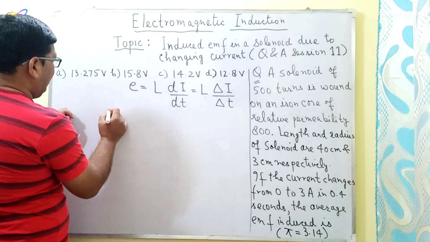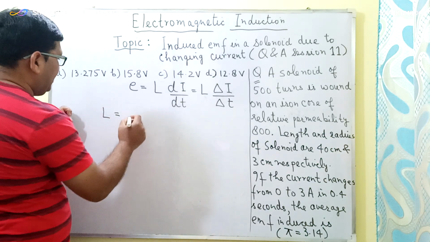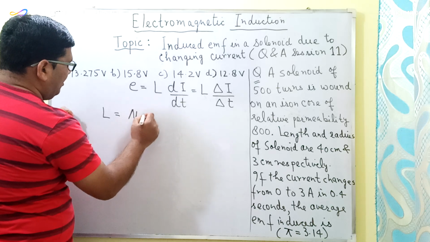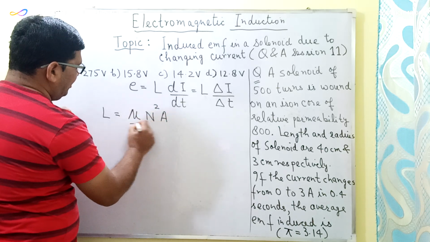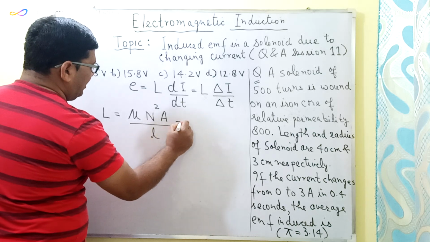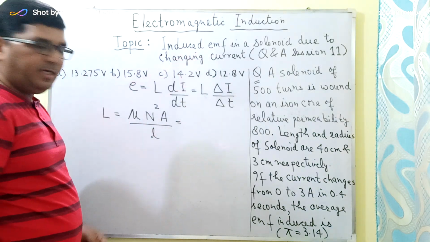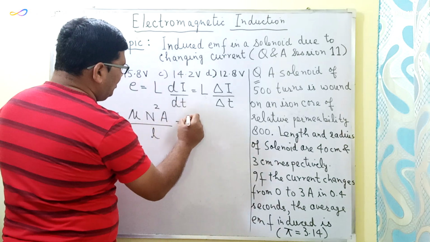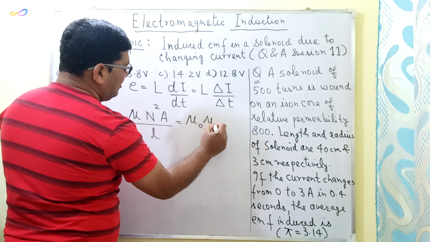Now in session number 9 we have seen that the self-inductance of a solenoid is equal to mu N square A divided by L. Here mu is the absolute permeability of the solenoid, and this mu is also equal to mu naught into mu r.